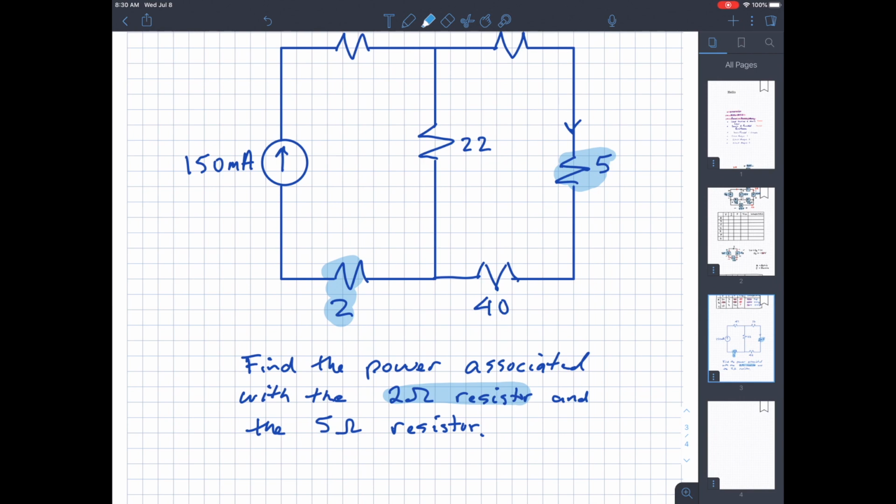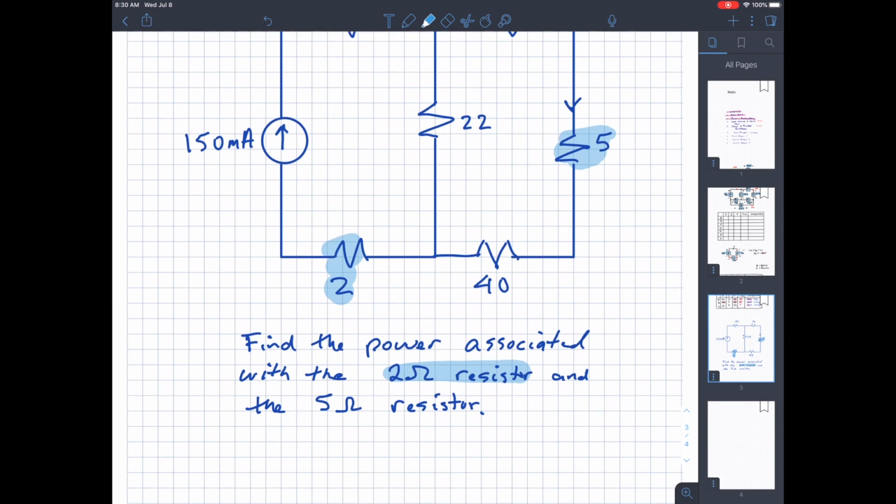If I know the voltage across it, I can get the current through it using Ohm's law. And I also know the formulas for power for a resistance are I squared R or V squared over R, all right? So right away I'm thinking, I know the current through this 2 ohm resistor, right? Because it's a current source. So what I know is that this is 150 milliamps.